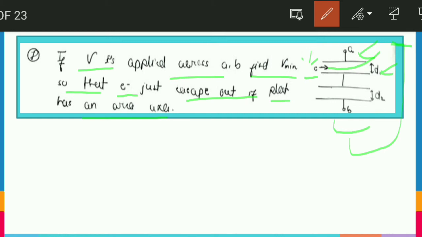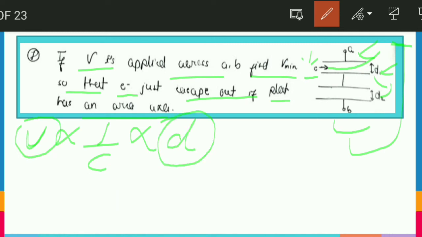So friends, first of all, let's find out how much potential this capacitor gets. We know V is inversely proportional to capacity, and capacity is itself inversely proportional to separation. So V is directly proportional to the separation, which means the capacitor having more separation will get more potential.